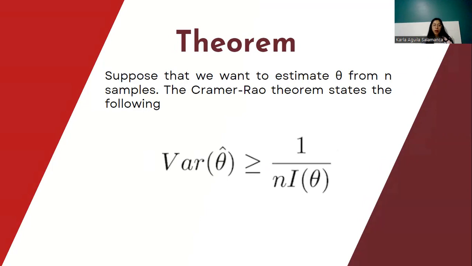And if we have equality in the bound, then we know that the estimator is efficient. This doesn't mean that such an estimator always exists. However, it does state that the best possible estimator's MSE will be bigger than or equal to the one given by the bound.